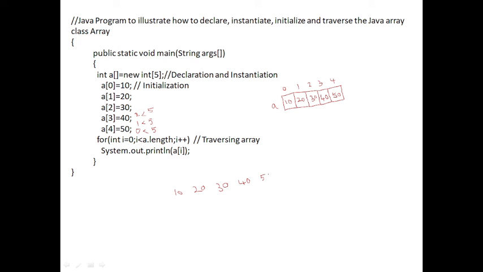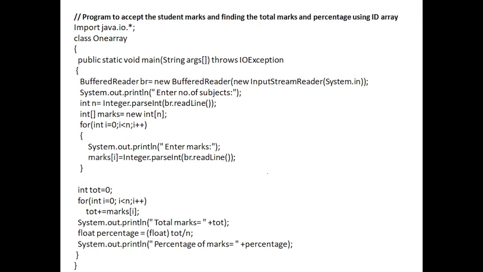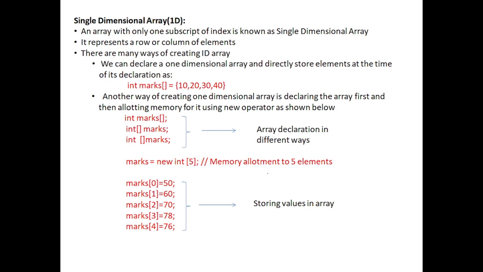So this is how to declare the array and how to create a one-dimensional array. Up to this point, we learned what a one-dimensional array is and how to create it. In the next class we will discuss the two-dimensional array, which comes under multi-dimensional arrays.